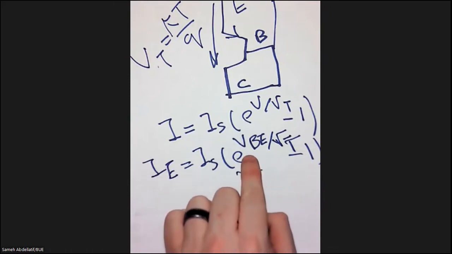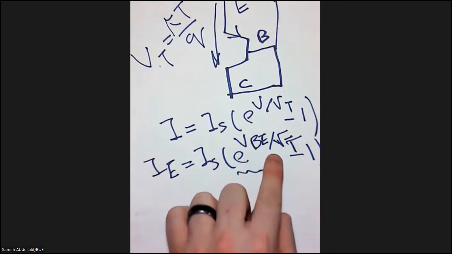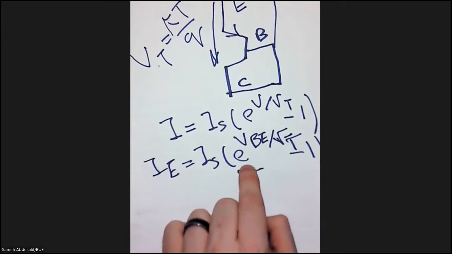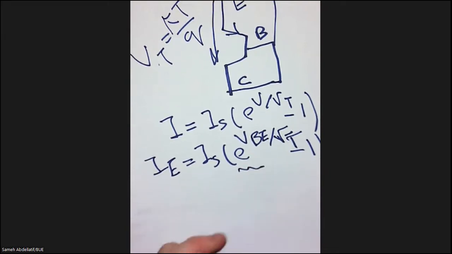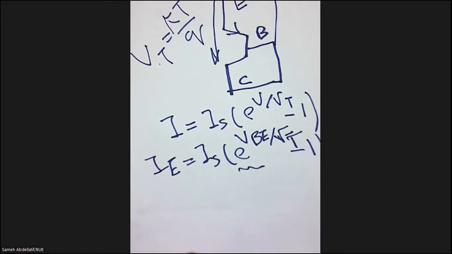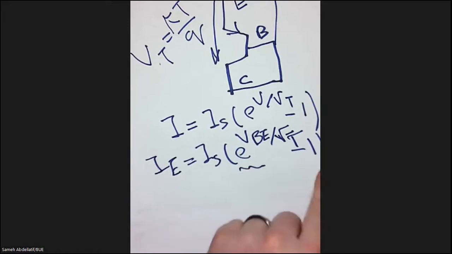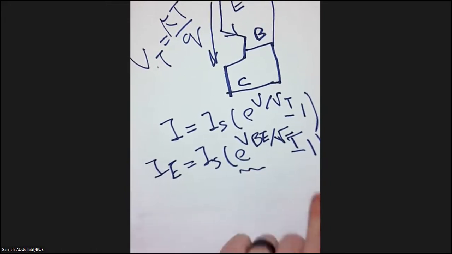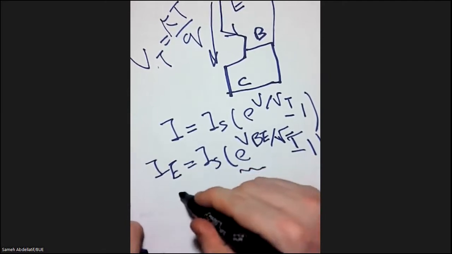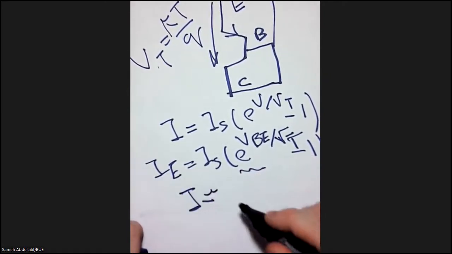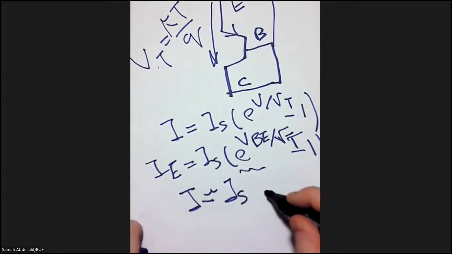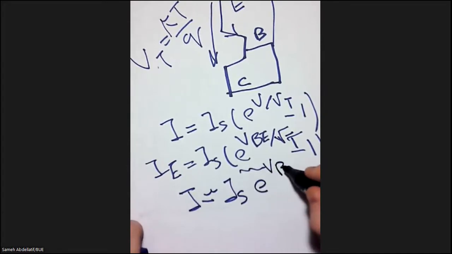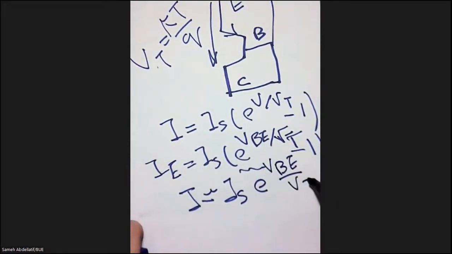So you are dividing 0.7 volt, or let's make it in milli, 700 millivolt over 25 millivolt, which means that this exponential will be of a higher magnitude with respect to the 1. Accordingly, you can say that the current flowing in the diode is approximately equal to IS e to the power VPE over VT.